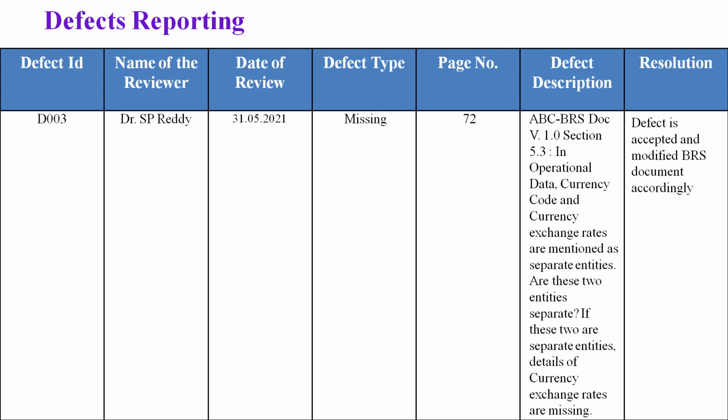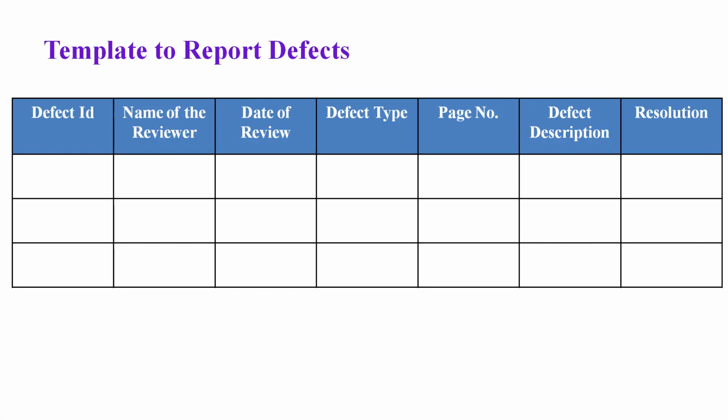Once again I am telling, this template or this model of the defect reporting document is not a fixed one. It will change from company to company. Every company will design this defect reporting template as per their convenience.